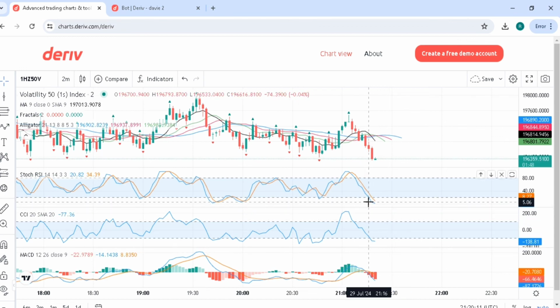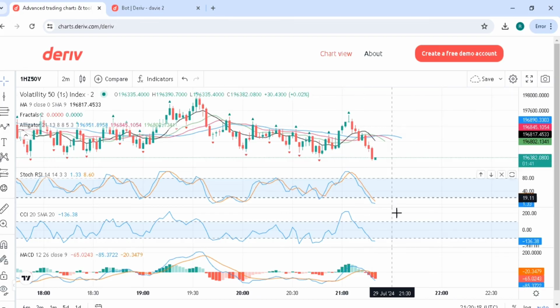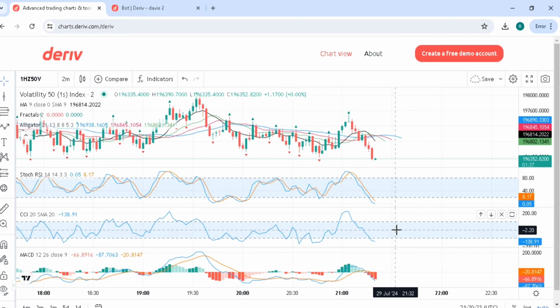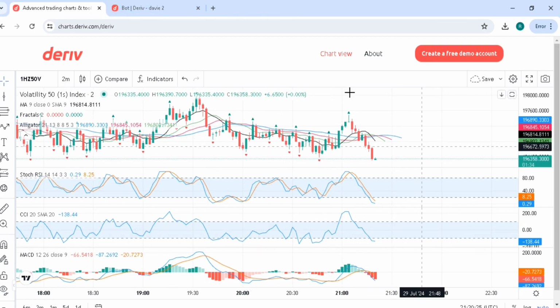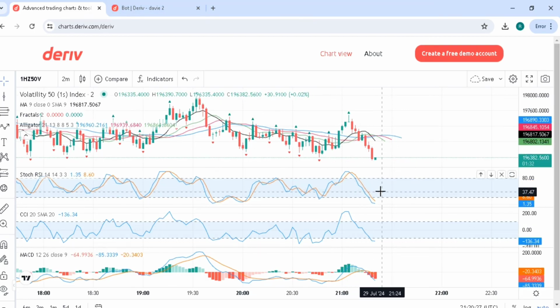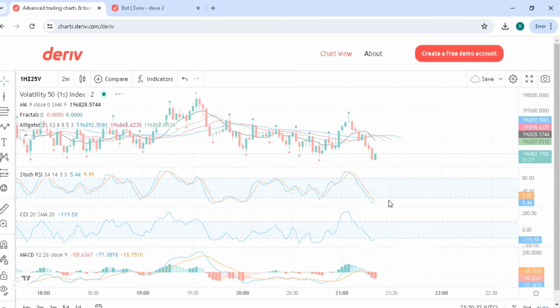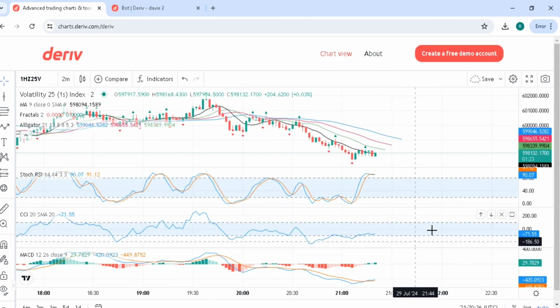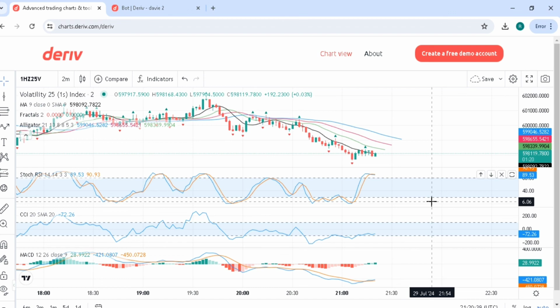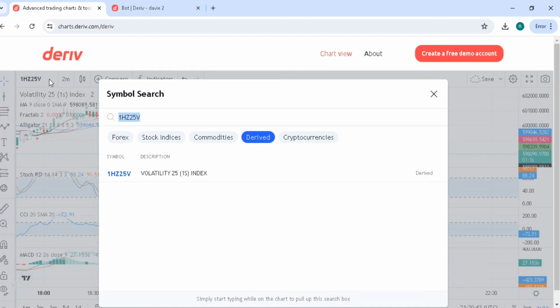Unfortunately, the stochastic RSI is showing that this market is about to reverse, but such are the candlesticks that you should be looking for. Let's look for another one, maybe the last one. But I believe you've understood the entry point, because that was my objective for this part, for you to understand the entry point.